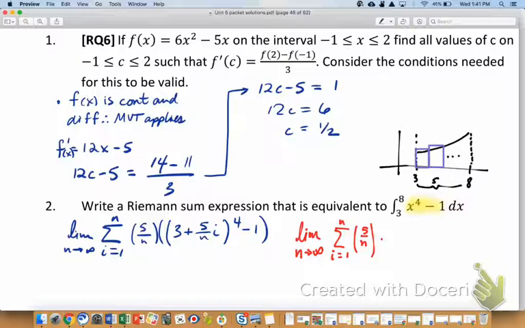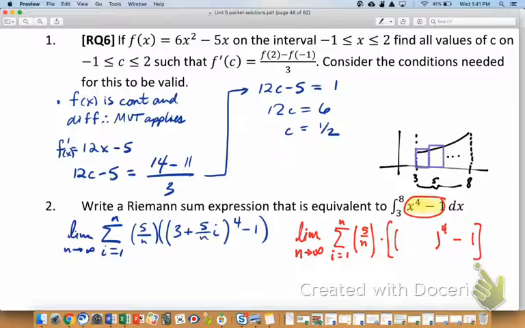So I'm going to put there input to the 4th minus 1. Y equals x to the 4th minus 1. And so I say input to the 4th because writing the input in there is going to be our last challenge. And so if it was like x to the 6th, you put parentheses, input to the 6th. And that'll be, of course, just customized based on whatever the integrand is.